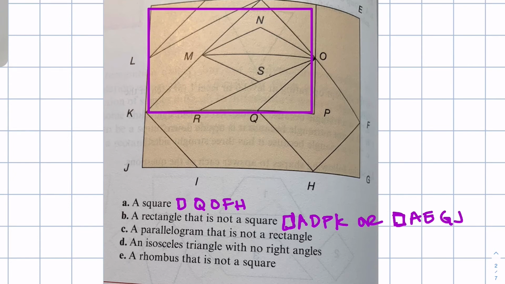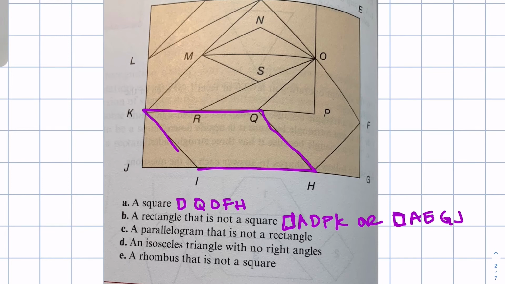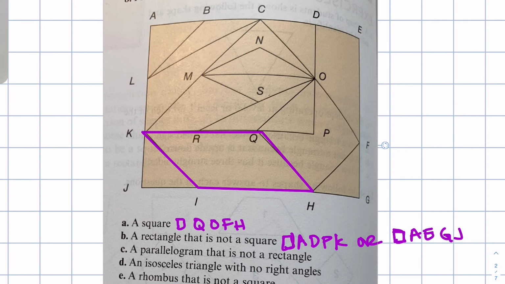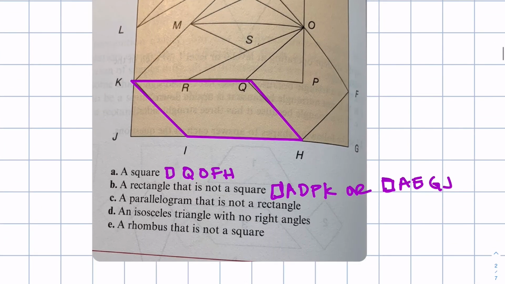A parallelogram that is not a rectangle. Let's see. So here is one that I see. You might have seen a different one. These here, my sides are parallel. And so this would be, oops, trying to draw a parallelogram, but it's not great.